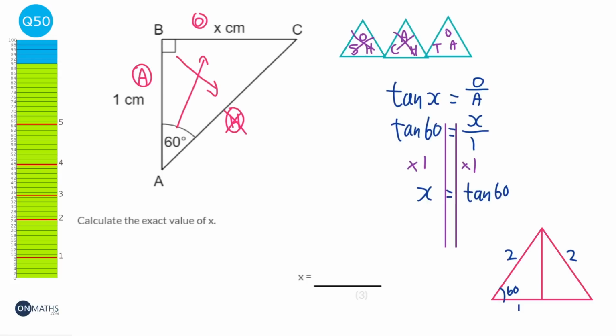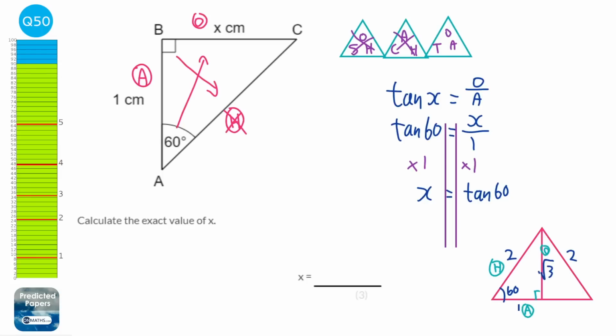And using Pythagoras, we've got to work out the length here. It's going to be 2 squared, which is 4, take away 1 squared, which is 1, will be 3, and then square root it would be root 3. So we know that's going to be root 3. Looking at labelling the sides here, we've got the hypotenuse here, we've got the adjacent here, and then the root 3 will be the opposite.